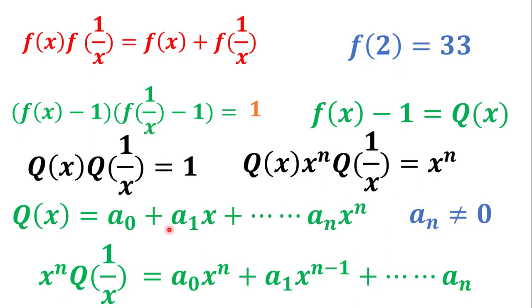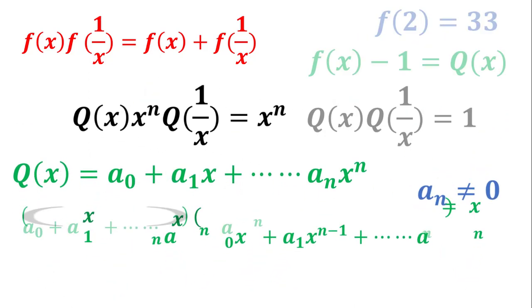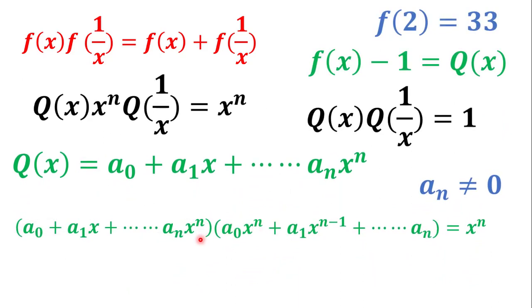So we can say the product of these two polynomials is equal to x to the power n. If we multiply these two parentheses, we're going to get many terms. But notice that on the right hand side we have only one term, x to the power n.